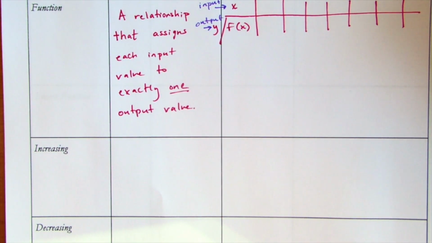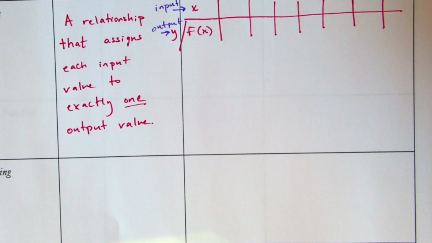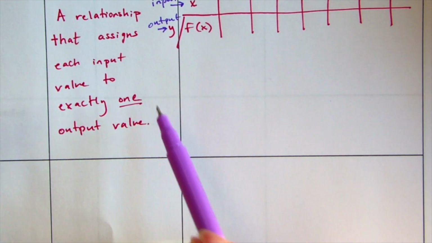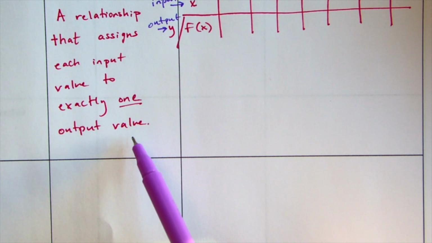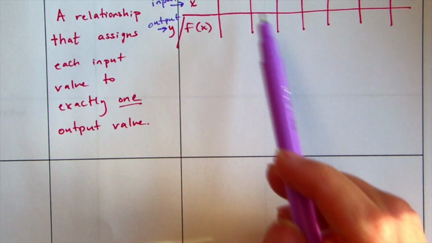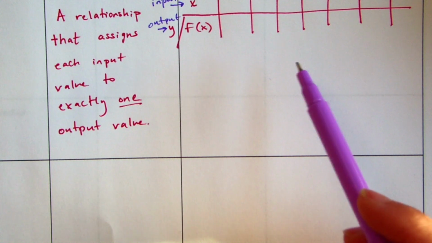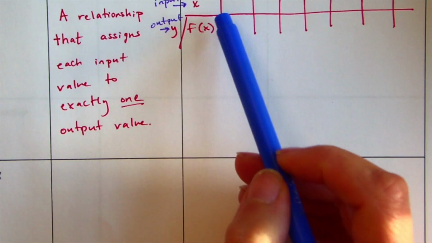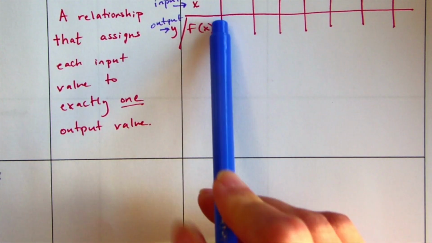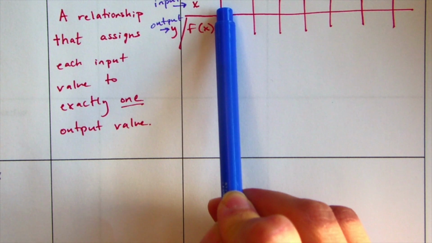So what does it mean to have a table that matches each input value to exactly one output value? Well, one way to think of this is if we graph whatever this function is, we want it to pass the vertical line test. Let's think about in the table, what it means is to have your x value never repeat.